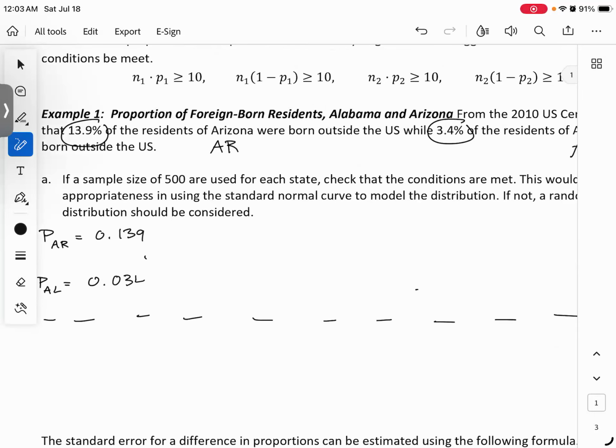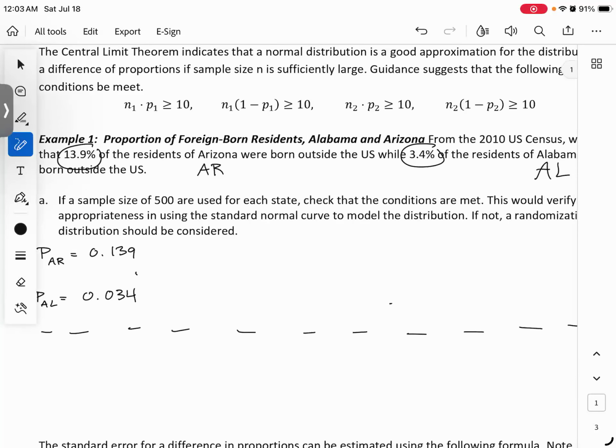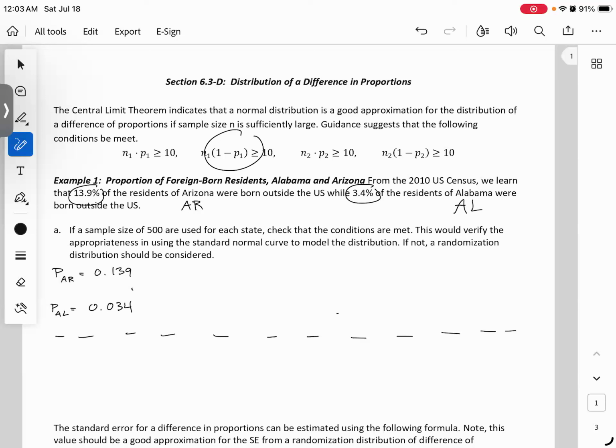Again, all I'm doing here is turning both of those into decimals so they can work nicely with other decimal numbers. But we're also going to need the complements of them, so I'm going to put circles around them.